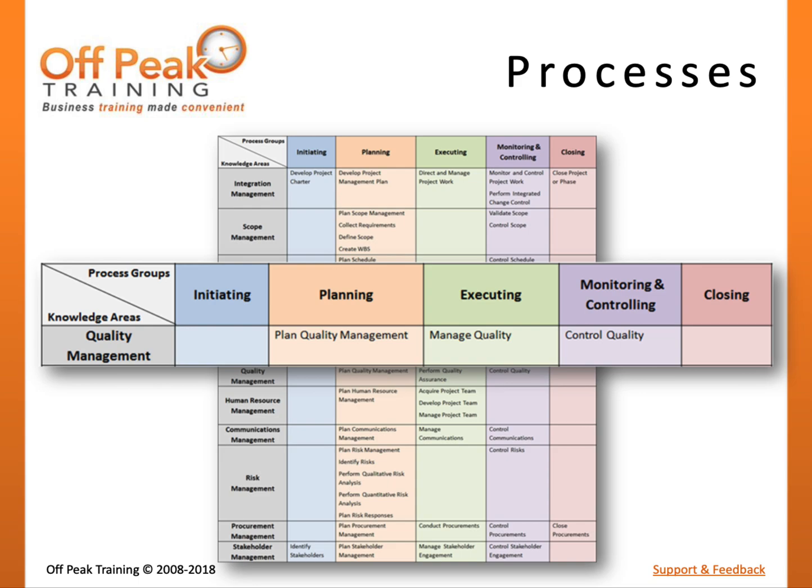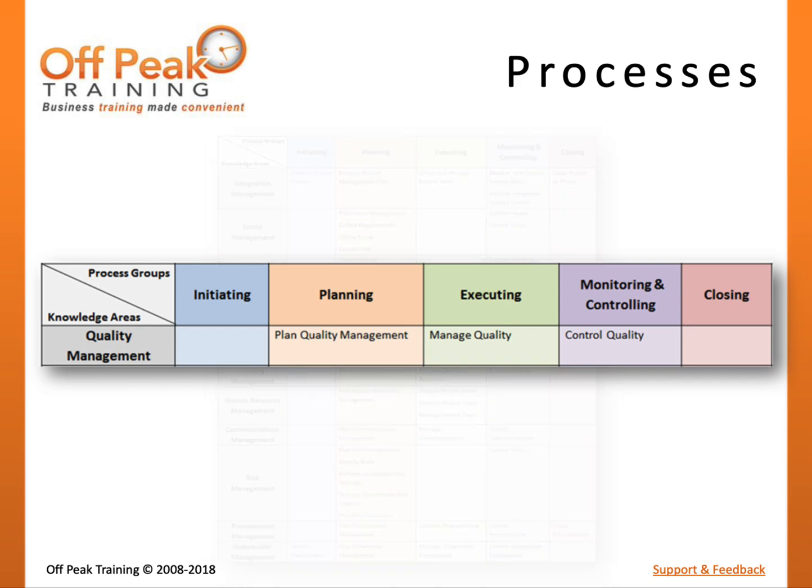The PMBOK Guide defines project quality management through three project management processes. The planning process group includes one process, plan quality management, which develops planning documents to be used in the two other quality management processes. Executing and monitoring and controlling each have one quality management process, both of which will be performed continuously throughout the project lifecycle.